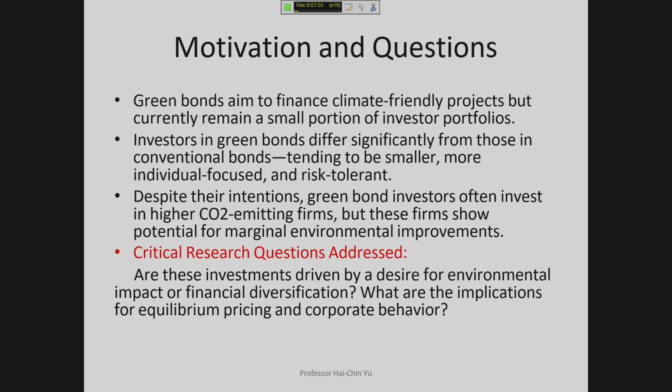They are much smaller, very individual focused, and they have a higher risk tolerance. So despite their intention, green bond investors often invest in higher CO2 emission firms, but these firms show potential for marginal environmental improvement too. So this paper examined these results rather than the pricing model.